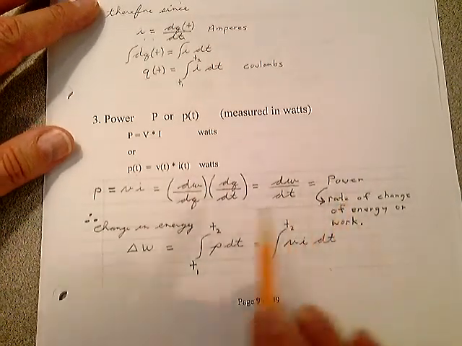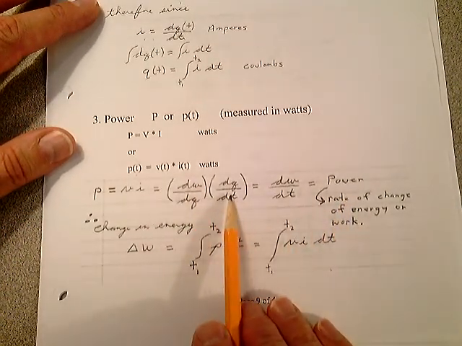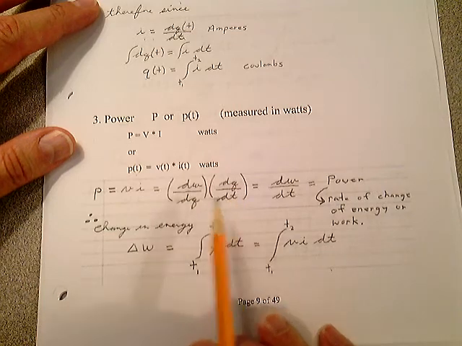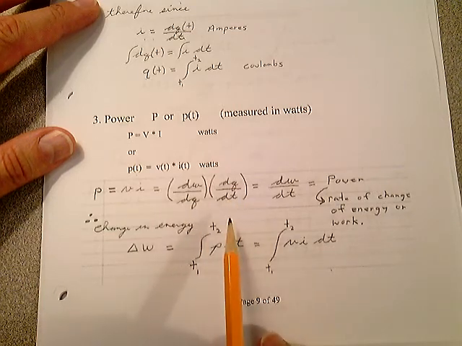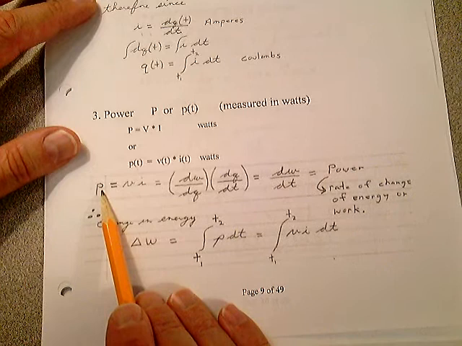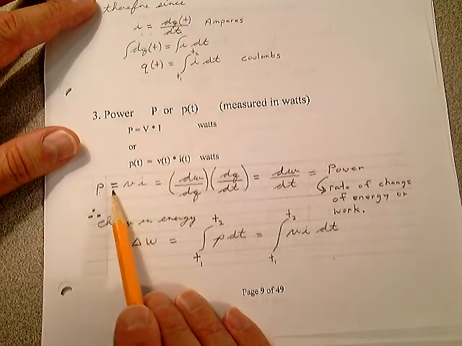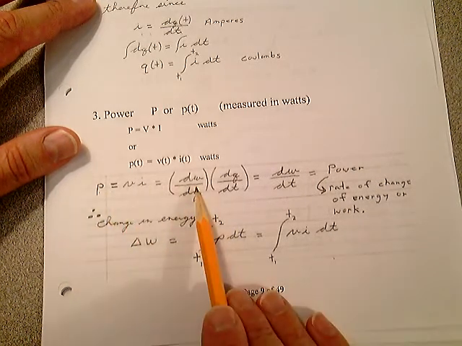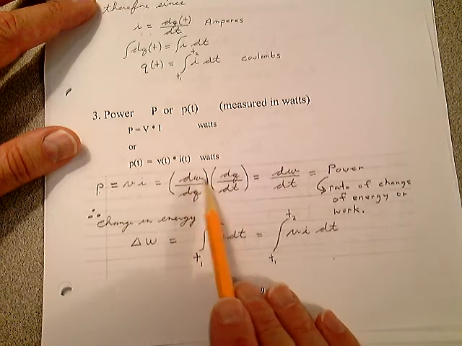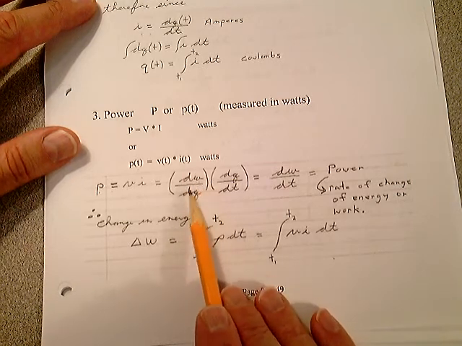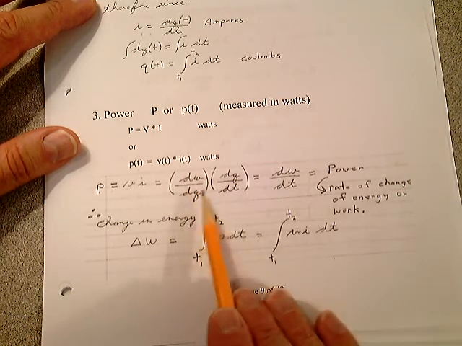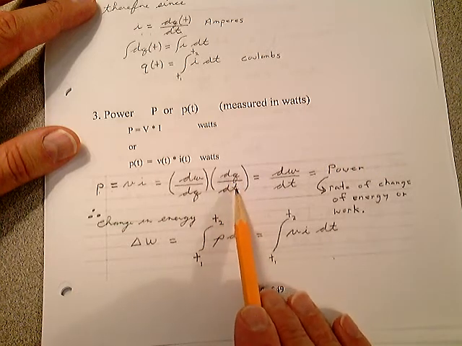So we have some previous expressions for voltage and for current, so we can come up with a representation equation for power. Power is equal to V times I. Well, we know V is the derivative of work with respect to charge, and we know the current is the derivative of charge with respect to time.